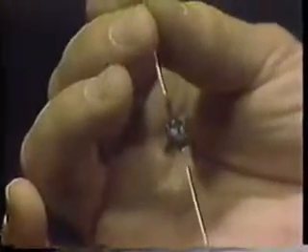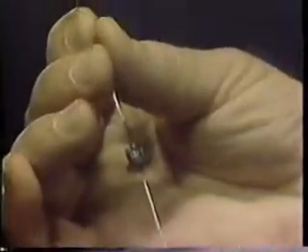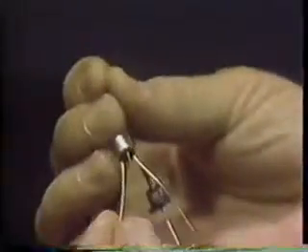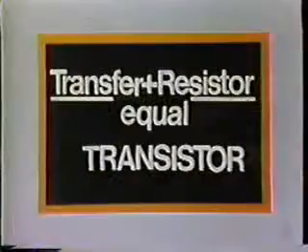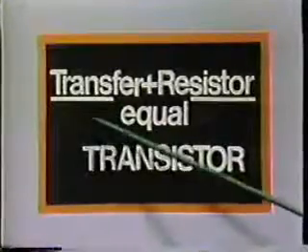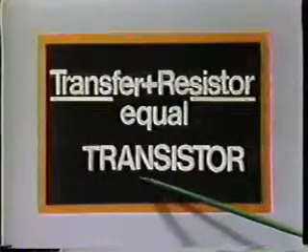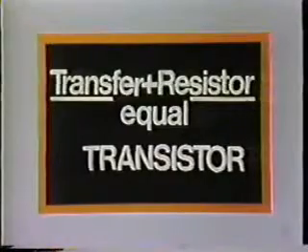So far, we have considered only a single PN junction. A semiconductor device can be made which has two PN junctions. This device is the transistor. The word transistor comes from transferring current through a resistance. Hence, transfer plus resistor results in transistor.